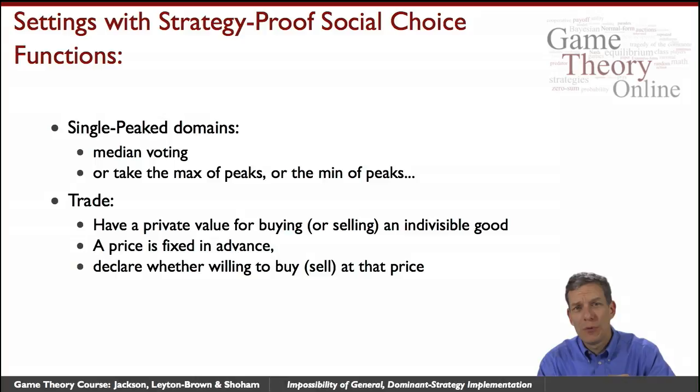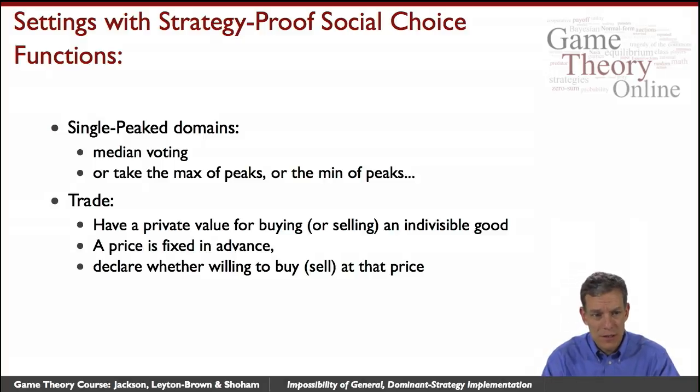And now there's a simple decision. You can't influence the price. All you can do is influence whether you actually trade or not. And so you have an incentive to say truthfully whether you really want to trade or not. Then trade if both of the agents want to trade. So there you can design a dominant strategy mechanism. There are going to be some inefficiencies associated with that. You're not going to have trade occurring in all the circumstances that you'd like, but at least you've got dominant strategies.